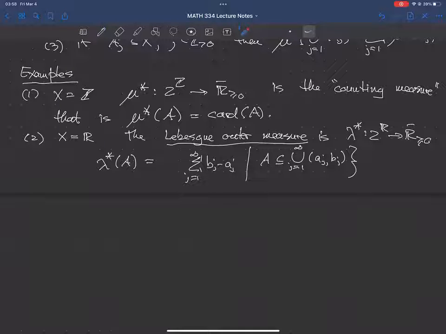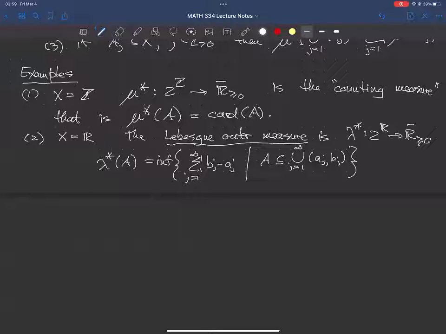So you give me a countable collection of open intervals that covers A, and I calculate their total length. Then you take the inf over all coverings of A by countable collections of open intervals. That's the Lebesgue outer measure.